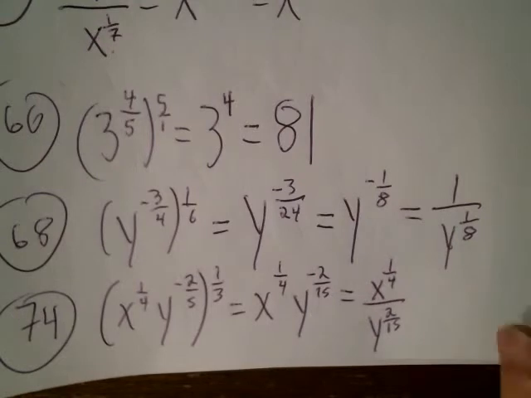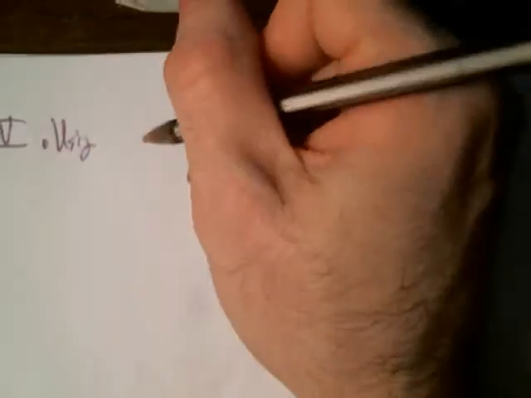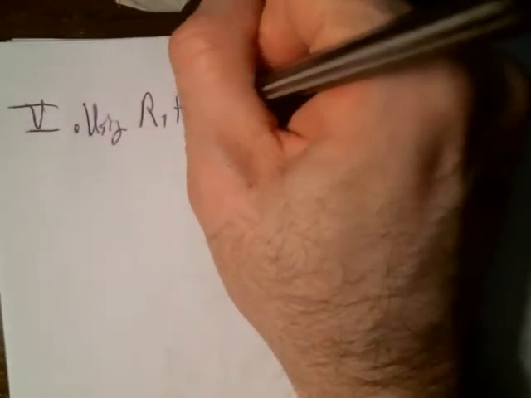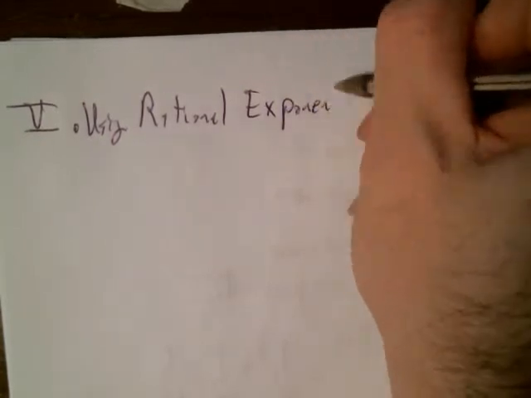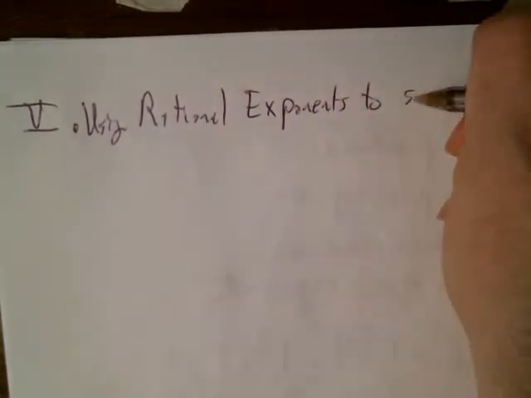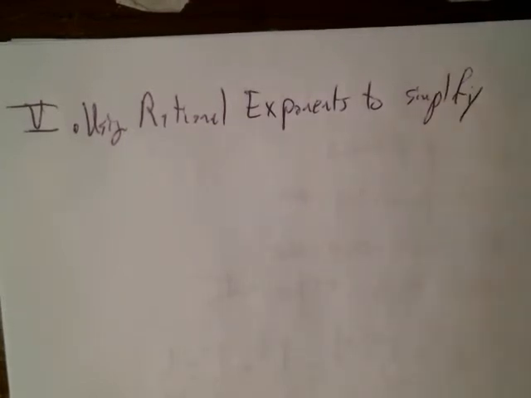Okay, there's one more topic in this section. We're getting towards the end now. Section 5, using rational exponents to simplify. Okay.